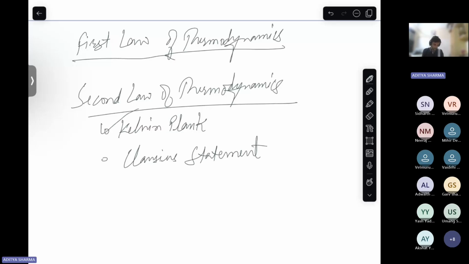So what are these two statements? These are fundamentals, right? Second law of thermodynamics, Kelvin-Planck statement, and then Clausius statement.